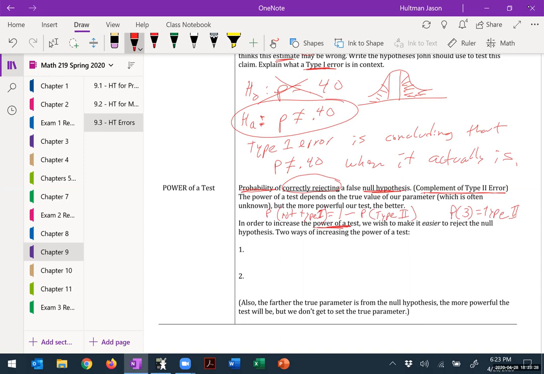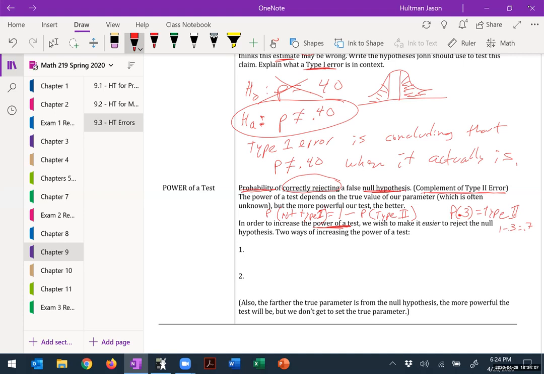You've got a 30% chance of falsely accepting the null, so failing to reject the null. Then what would be the probability of not getting a type 1? Well, it's 1 minus probability of getting a type 2. And so that is 1 minus 0.3, which is 0.7. You have a 70% chance of not getting a type 1.